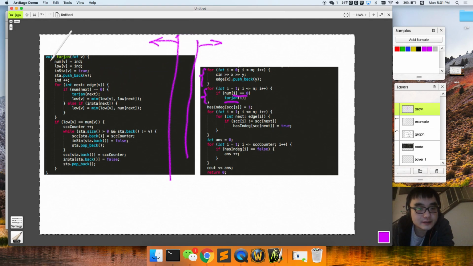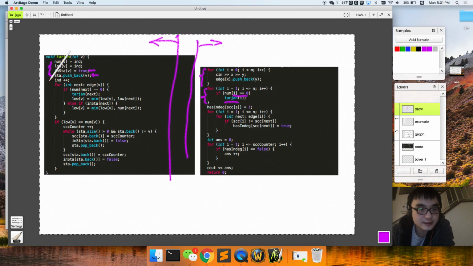And here is where we set the number, the initial low, and put it into the stack, right? This part is where we keep tracking if a node is inside the stack, and this part is where we actually push the node into the stack.